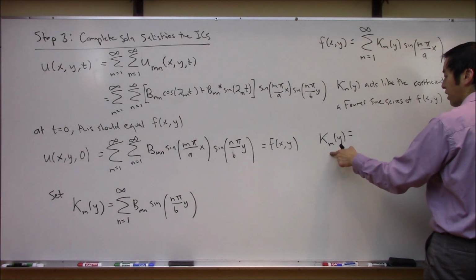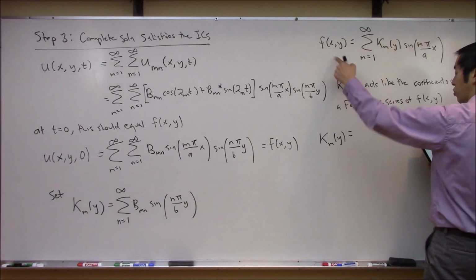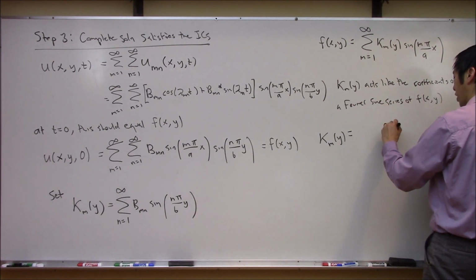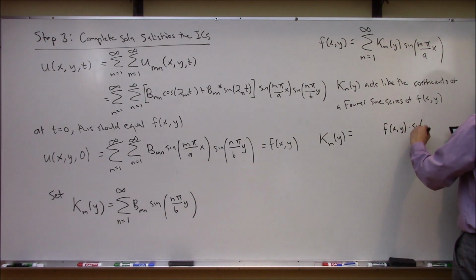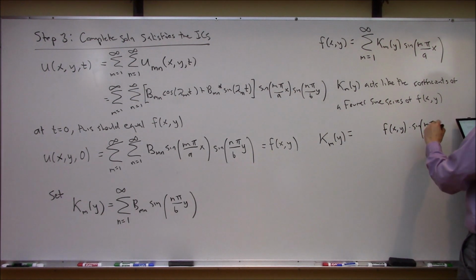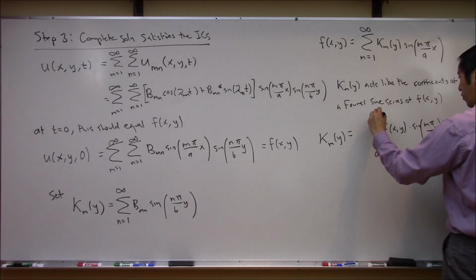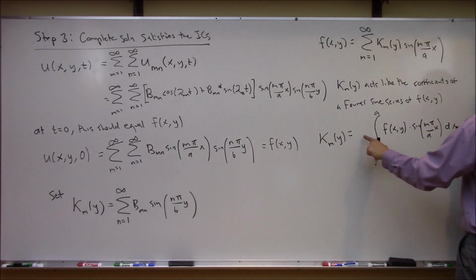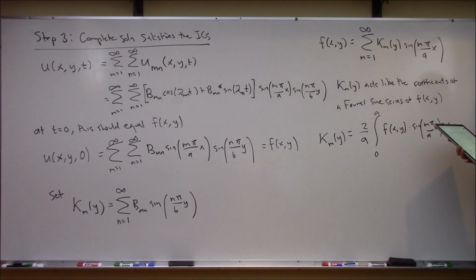To get these coefficients, you take the function you're trying to recreate, which is f of x, y, multiply it by sine of m pi over a x, integrate from 0 to a over the period, dx, and then normalize this by 2 over a.